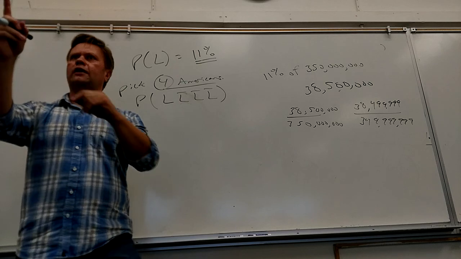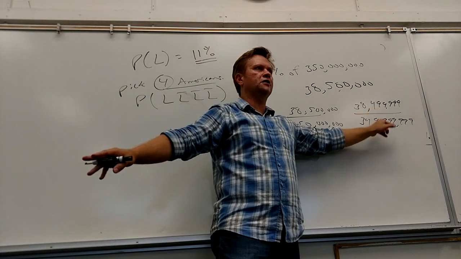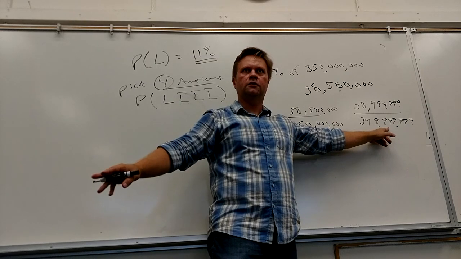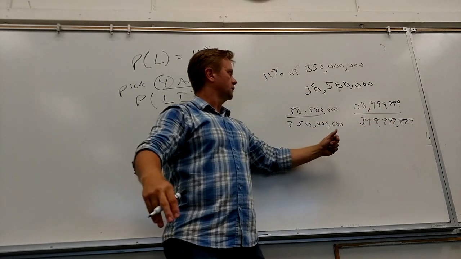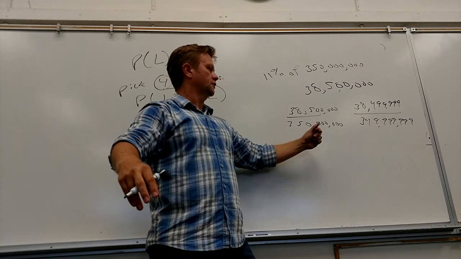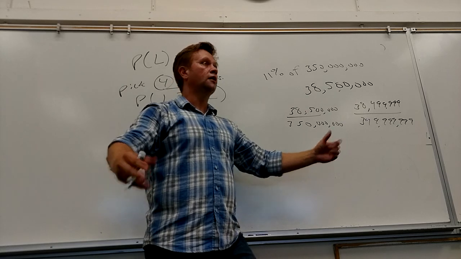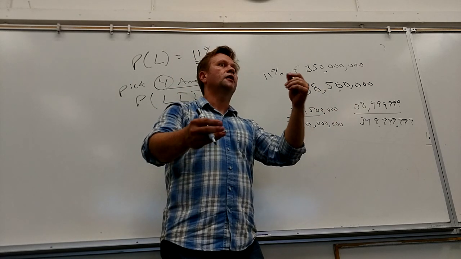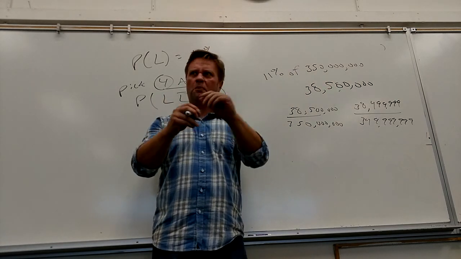If I take one left-handed person and put them in a different country for a minute, now there's this many left-handers out of this many people. When you divide this, what do you get? Which is basically 11%, 0.10999999. It's going to barely change.